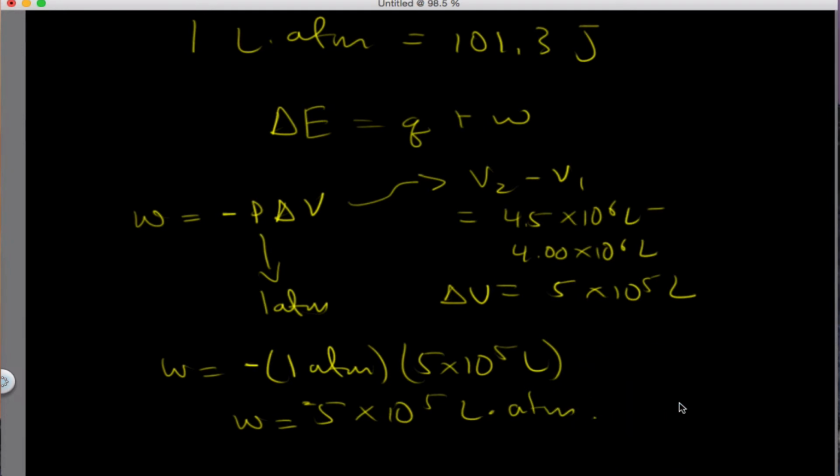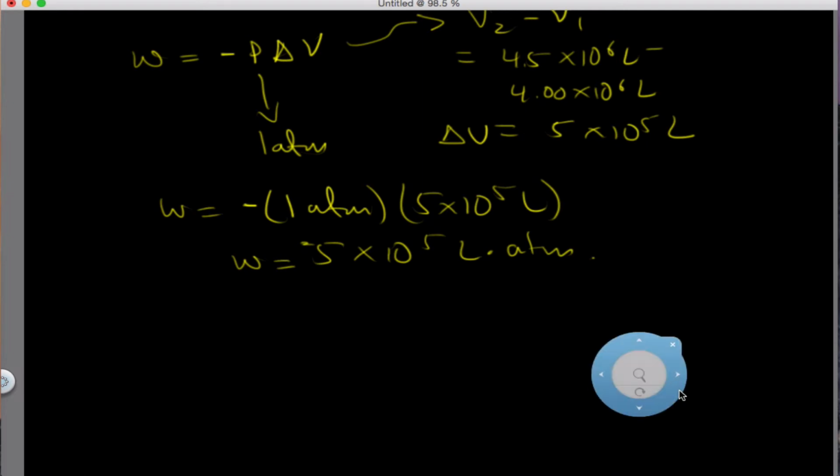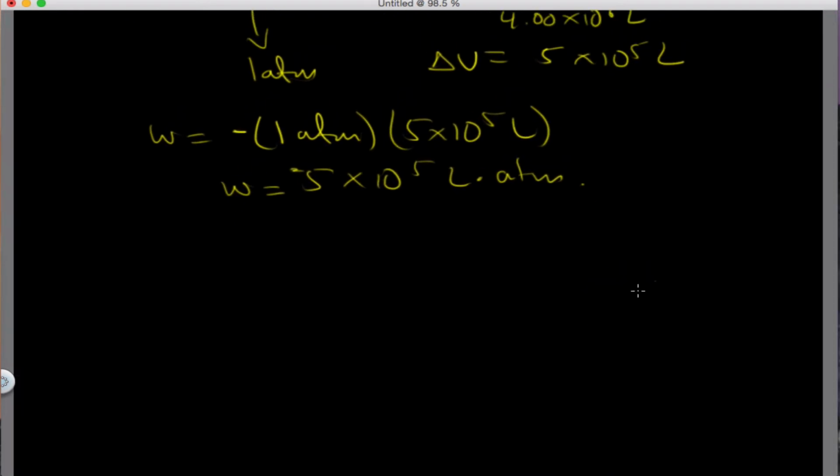Notice this is in liters times atmospheres, so be very wary of the units, because sometimes the units will actually help you solve the problem. The negative sign in this case makes sense because the gas is expanding. When the gas is expanding, the system is doing work on the surroundings. So to calculate delta E, we need to sum Q and W.